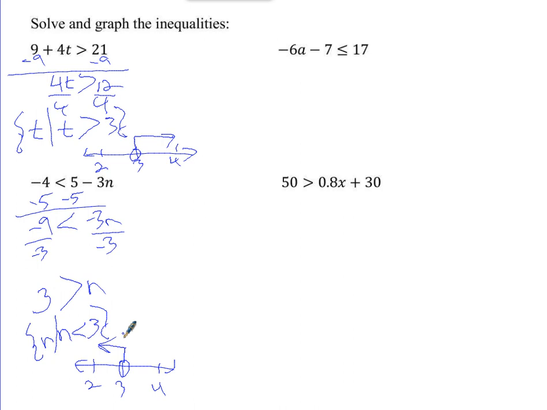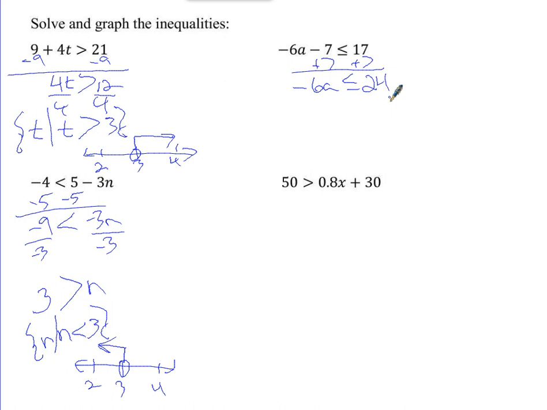Okay, the third one, what do we do? Add 7 to both sides, good. And that gives us what? Okay, good. And now what?